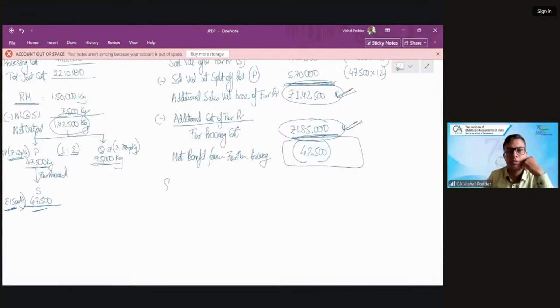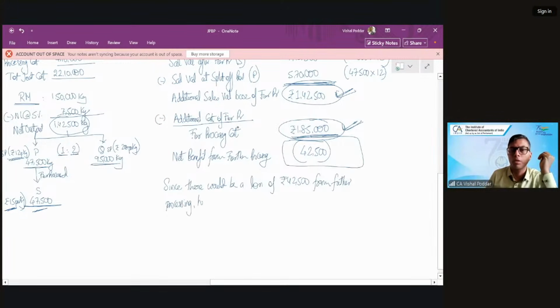So my answer is, since there would be a loss of 42,500 from further processing, hence the company should sell P and not S. So P is the product at split off, S is the product after further processing.